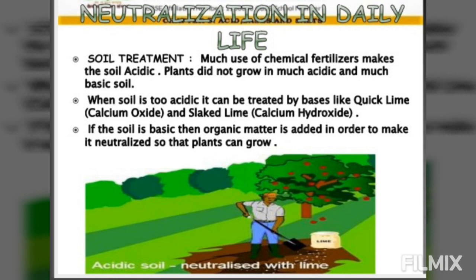As we know that these fertilizers contain acidic and basic substances, and we know that plants do not grow well in such type of soil, whether it is more acidic or more basic. If the soil is too acidic, quicklime which contains calcium oxide, also called slaked lime containing calcium hydroxide, is added to neutralize the acidic nature of the soil.